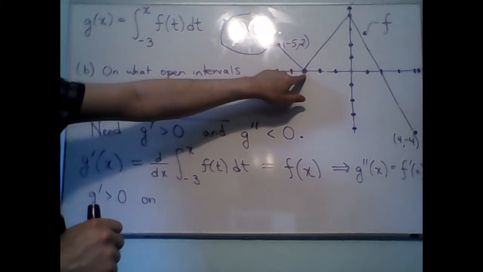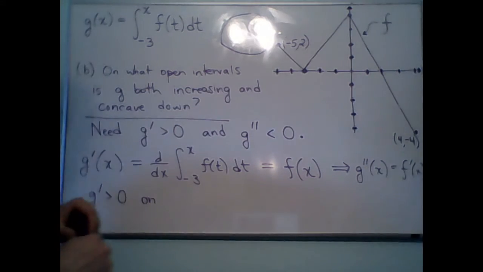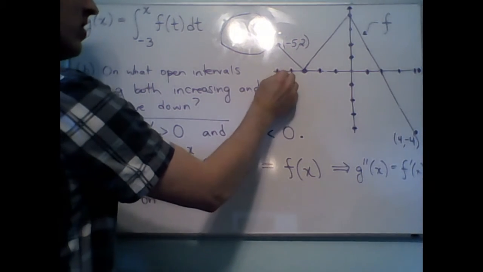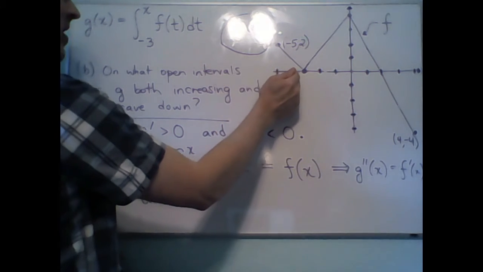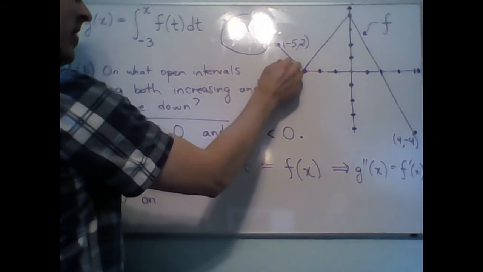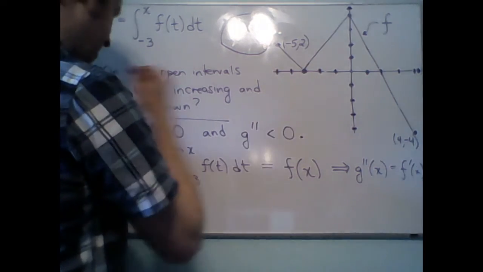So if I imagine what g itself is doing, it's getting larger and larger, as I'm integrating starting at -5 going upward. The values are getting more and more positive at every moment, including at this value.